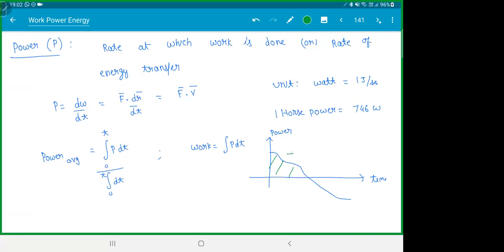So here also you have a positive area and a negative area. If the area is positive, power is being provided. If it is negative, work is done against the system. Have a look at this. The work done is nothing but the area under the graph.